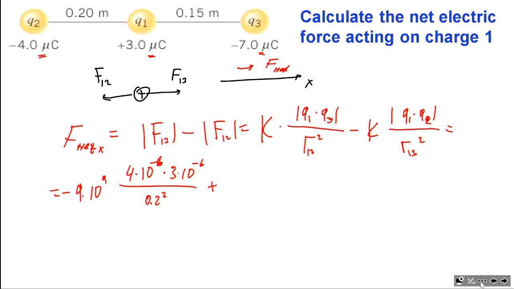Now we should add the force which attracts the first charge to the right. So same constant, 3 times 10 to the negative 6 times 7 times 10 to the negative 6 divided by the new distance, 0.15 squared. So one more check. 1, 3, positive. 1, 2, negative. Done.